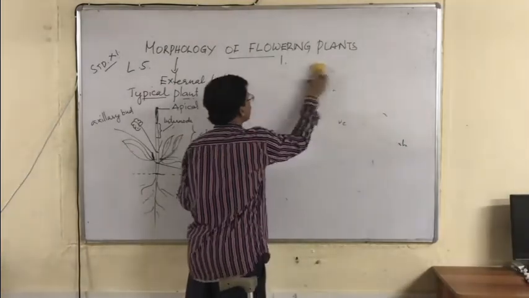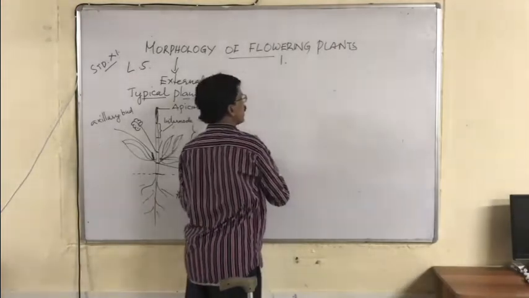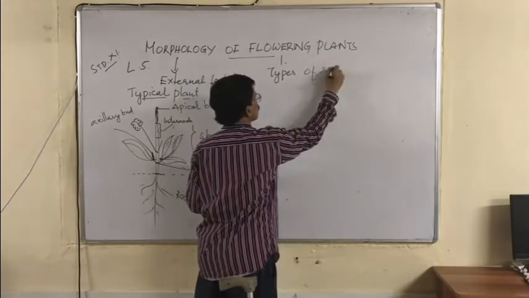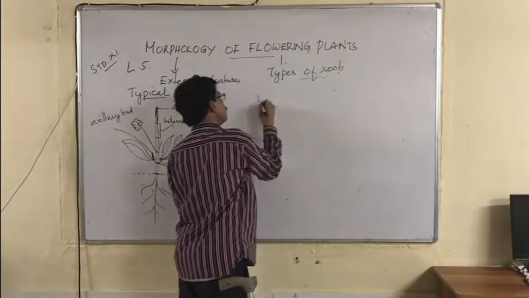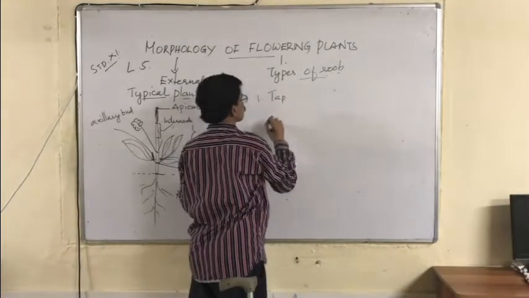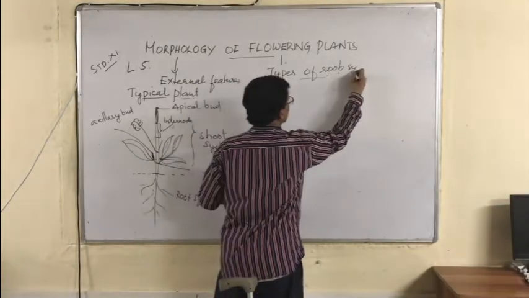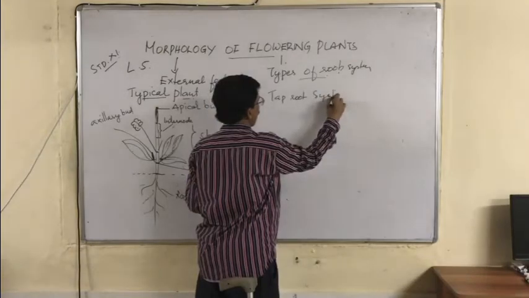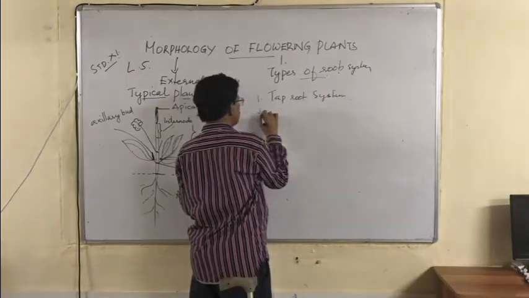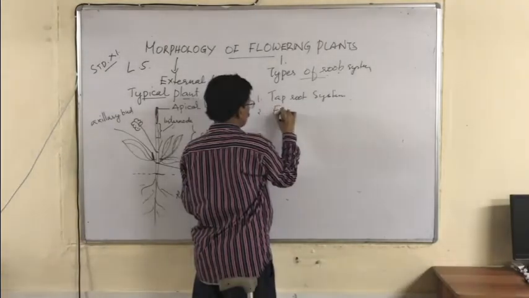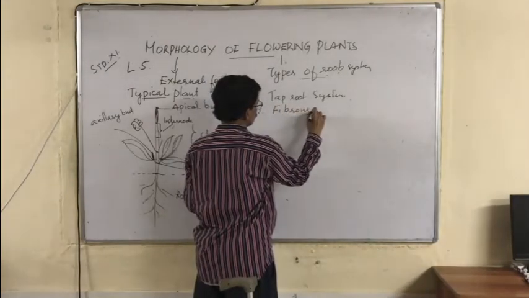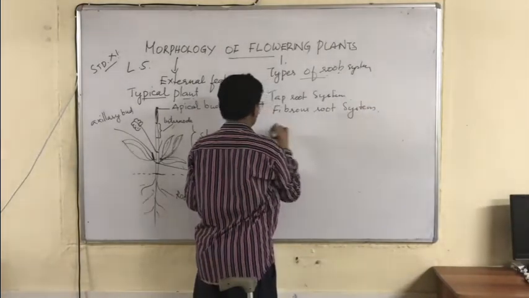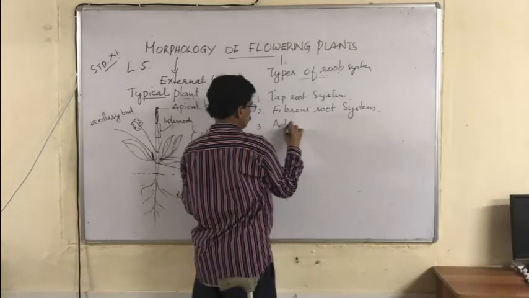There are mainly three types of root systems. First one is the taproot system, second is the fibrous root system, and third is the adventitious root system.